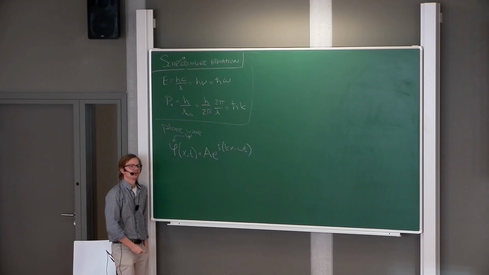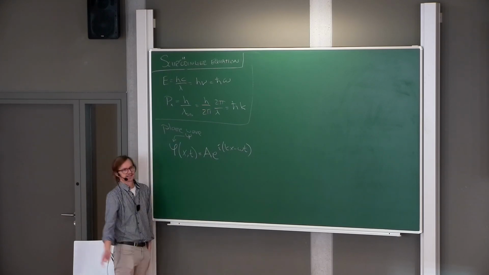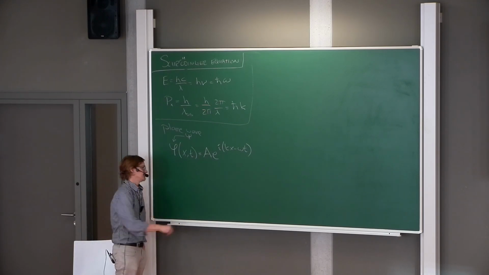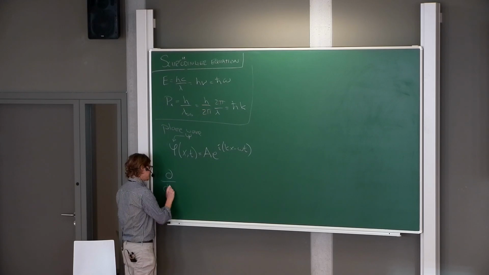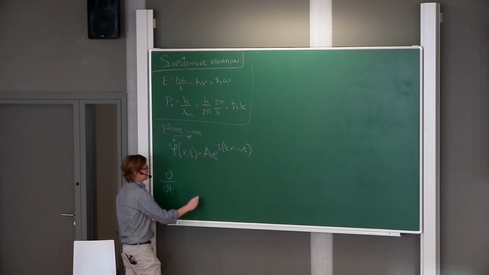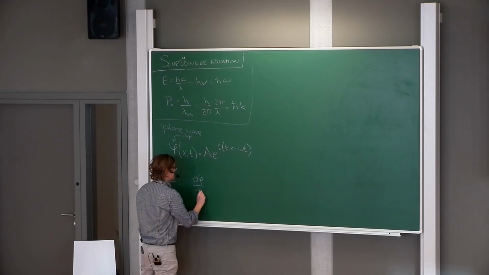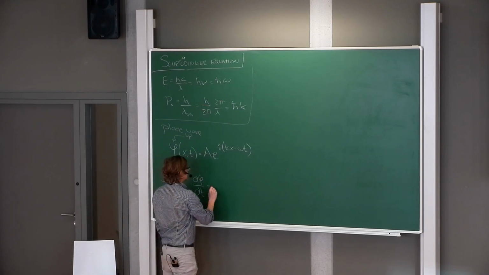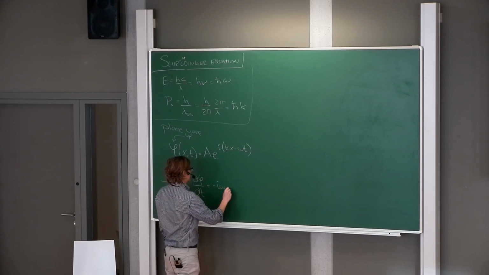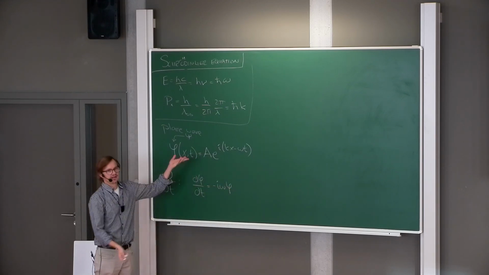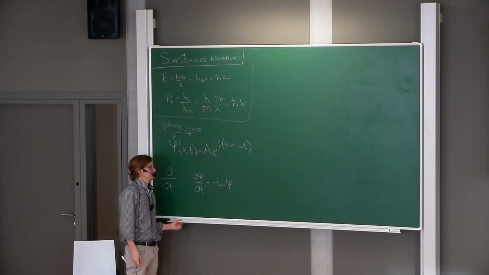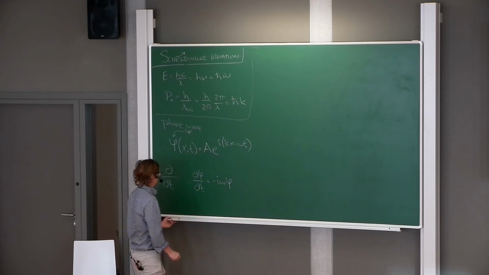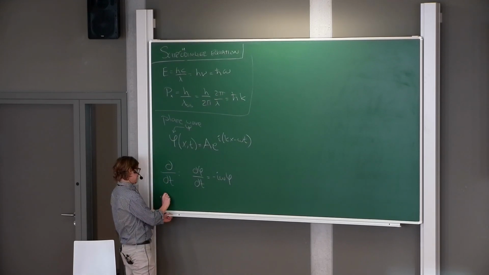Okay, we're going to play around just a little bit with this first. We're going to take the time derivative. This is, again, just things that we have done. If we take the time derivative of this now, the partial phi partial t, we know that the wave-like character means that it basically just comes out, right? So in this case, this is just minus i omega times the function itself. It's just a reflection of that, okay? And then we're going to multiply it by i times h bar.